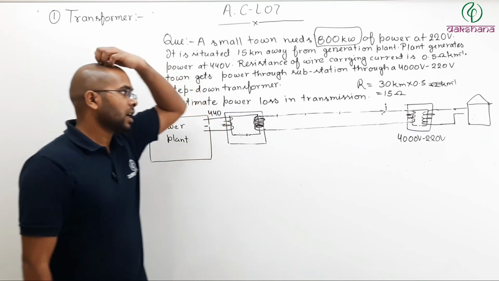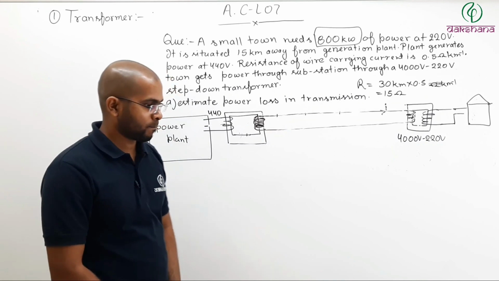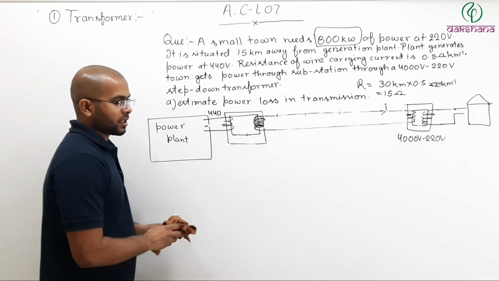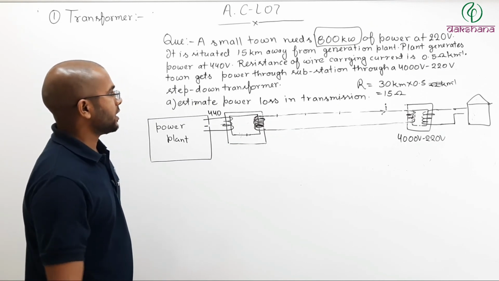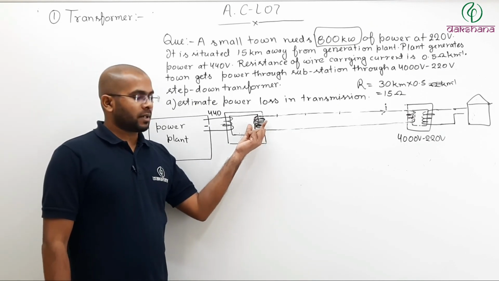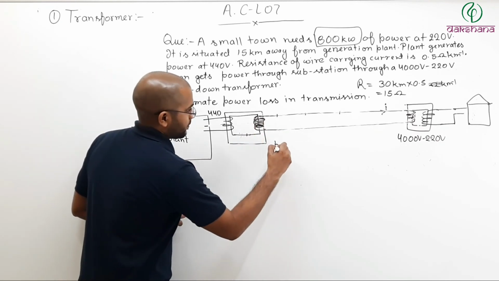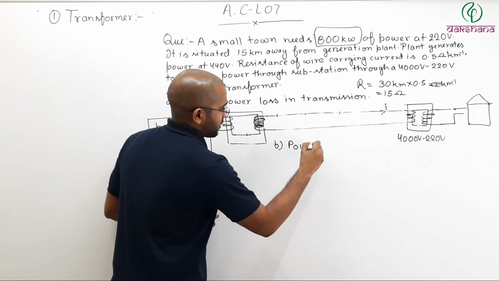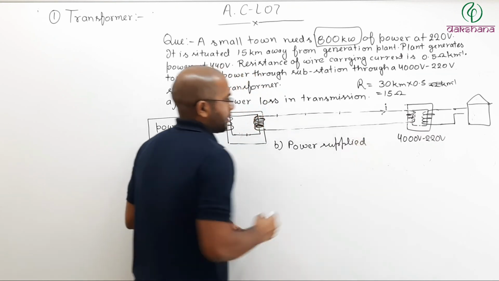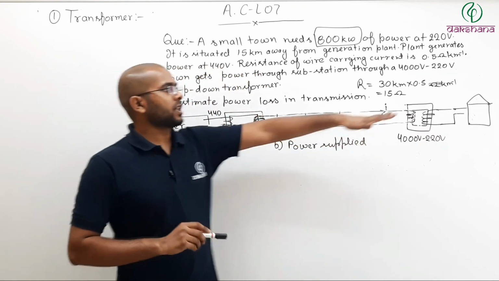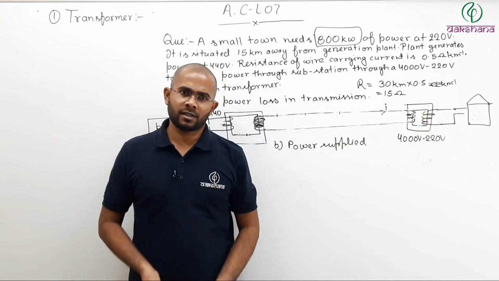So in this question, how much power was lost? 600 kilowatt power was lost. Now second question. Second question is, what is power supplied by the plant? Here they are asking, what is the power supplied here? Now that is easy. Let us write B, power supplied. Now very easy. The town is using how much? 800. And how much is lost? 600.